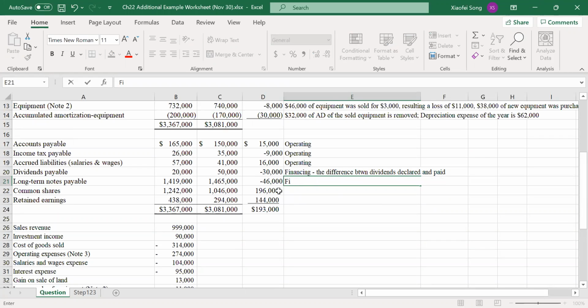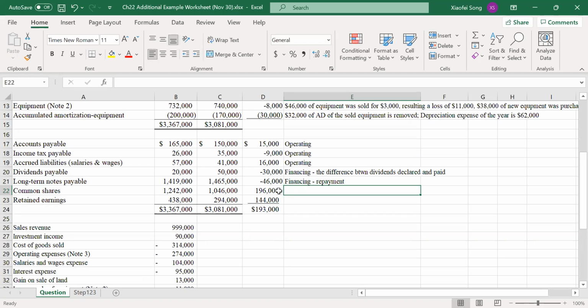Further, not only all financing, this will be all repayment because the balance decreased, right? All repayment. Well, when there's no information, we have to assume the most straightforward situation.